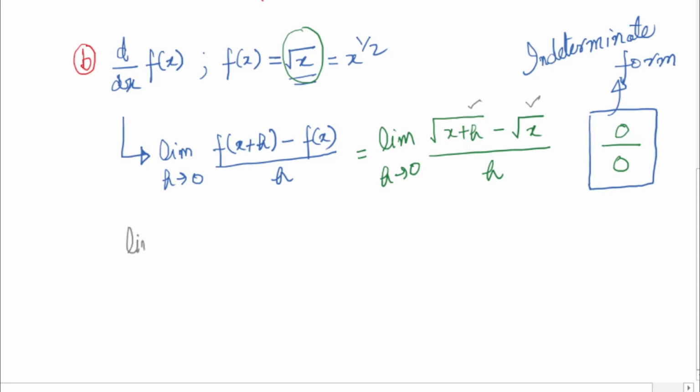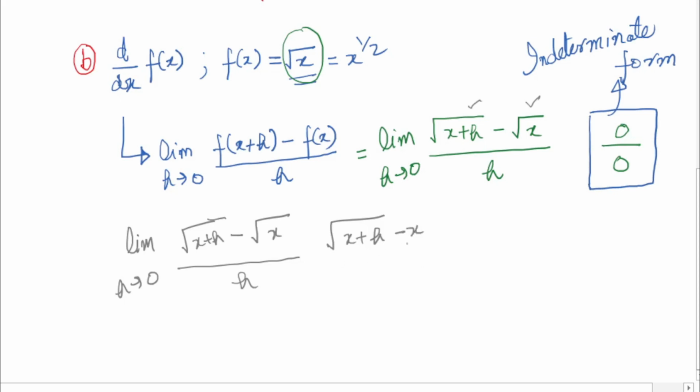So limit h tends to 0, square root of x plus h minus square root of x divided by h, and we multiply by the conjugate of that function: x plus h minus x inside the square root, and in the denominator we have the same term, square root of x plus h plus square root of x, here also plus.